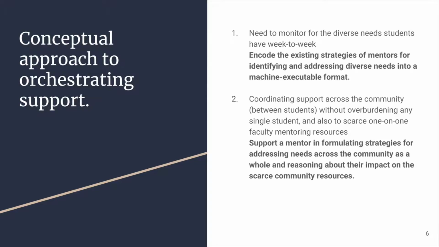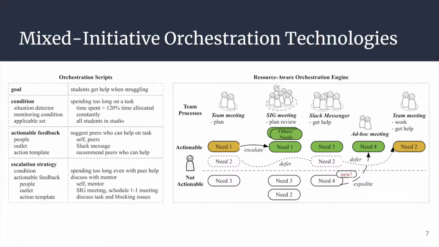And so to address these challenges, we propose mixed initiative orchestration technologies for supporting research communities. We first start with orchestration scripts, which are structured ways for mentors to represent their existing orchestration strategies in machine executable ways.